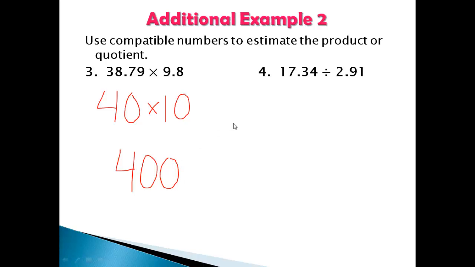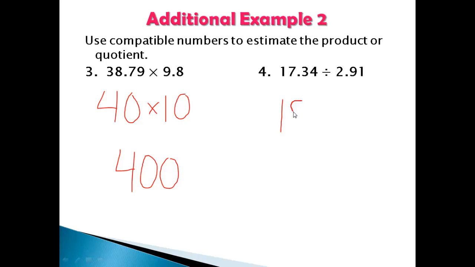And for number 4, we have 17 and 34 hundredths divided by 2 and 91 hundredths. We can round 2 and 91 hundredths to 3, so then we need to look and see how to round 17 and 34 hundredths. If we're dividing by 3, we want to round 17 and 34 hundredths to 18, because we can do 18 divided by 3 easily.